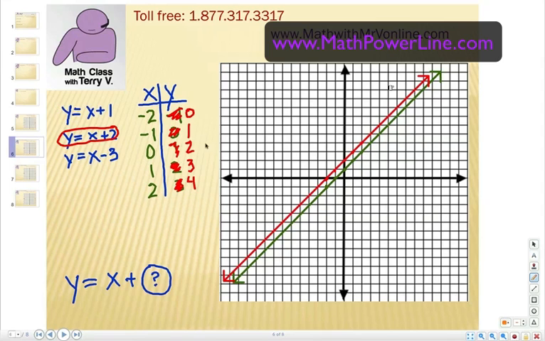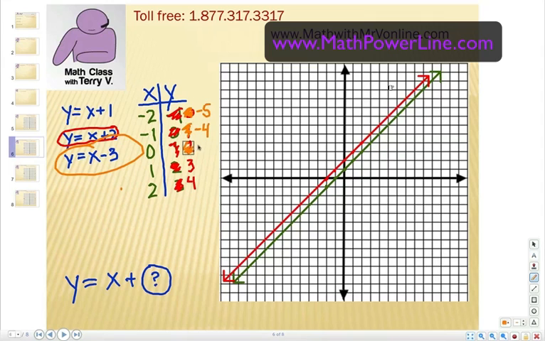Now you can see how the red graph line is different from the green and still different from the original parent function. Now let's look at this last equation. I'll do it in orange. Y equals x minus 3. Notice now we are subtracting. So negative 2 take away 3 is negative 5. Negative 1 take away 3 is negative 4.